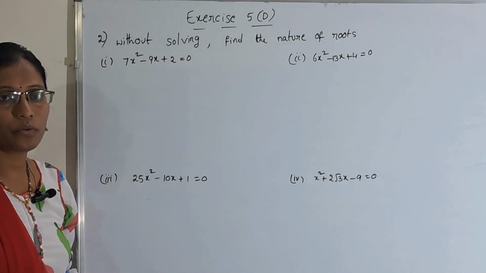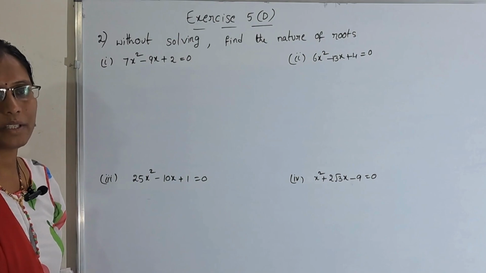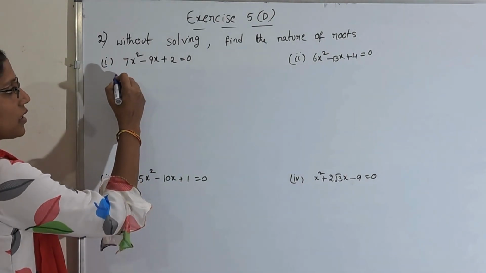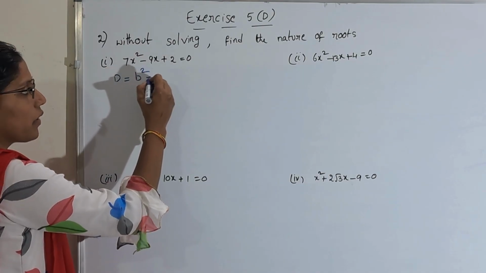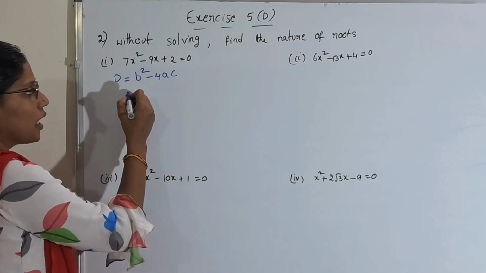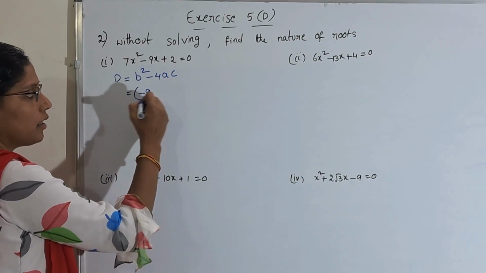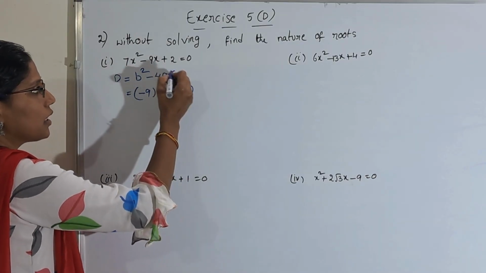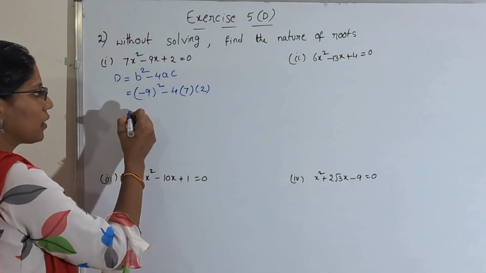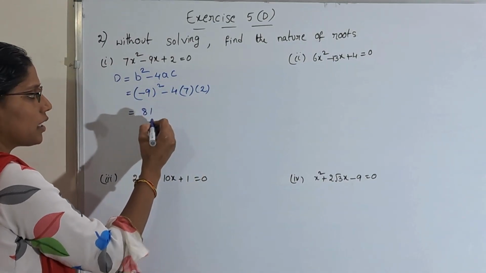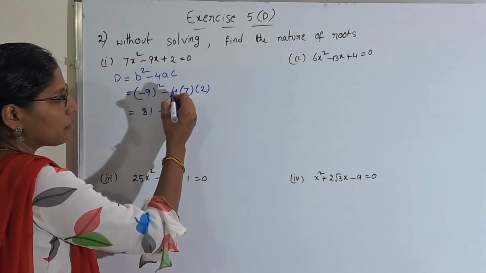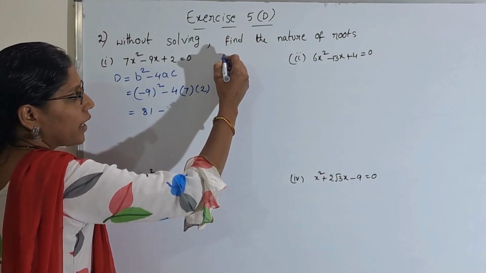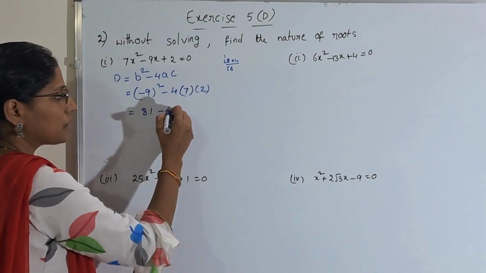Next, second main: without solving these problems, find the nature of the roots. Nature of the roots, how to find out? Discriminant value we know, that means we can say the nature of the roots. Discriminant D is equal to b square minus 4ac. Here b value is minus 9 whole square minus 4 into a value 7, here c value is 2. Here 9 9s are 81 minus 7 4s are 28, 28 2s are 56.